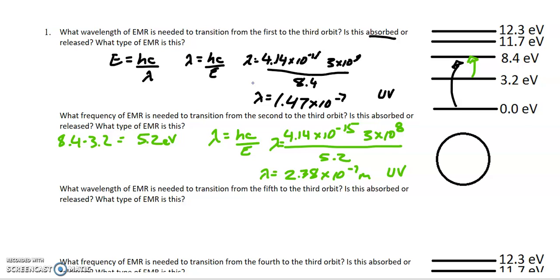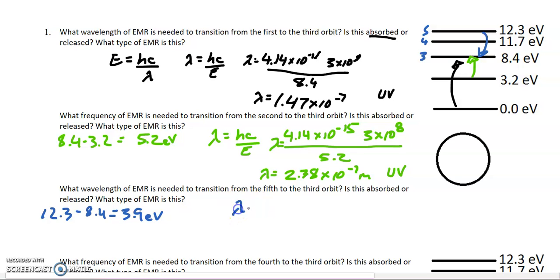Taking a look at the next one, we're going from the fifth to the third. So we're going from 5, 4, 3, doing this one in blue. That difference there is 12.3 minus 8.4. That gets 3.9 electron volts. Same numbers again, except for E, we're going to use that value of 3.9 electron volts.